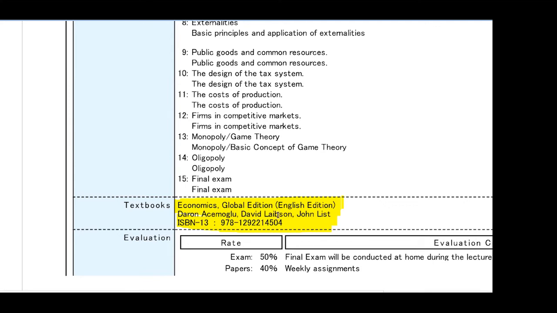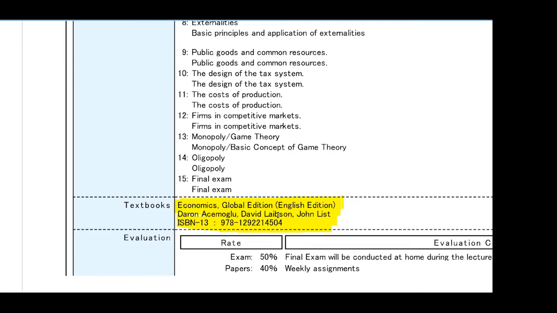I used to know one of the authors through my other expertise. He is the author of Why Nations Fail, a worldwide bestseller.